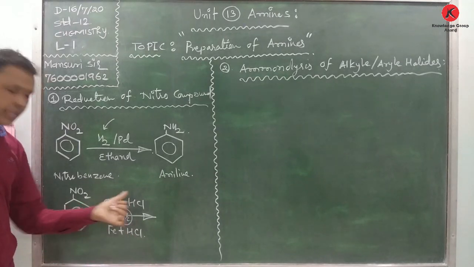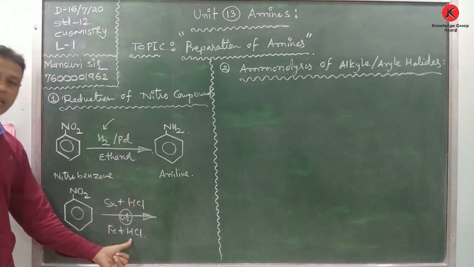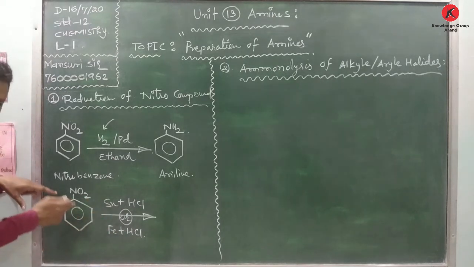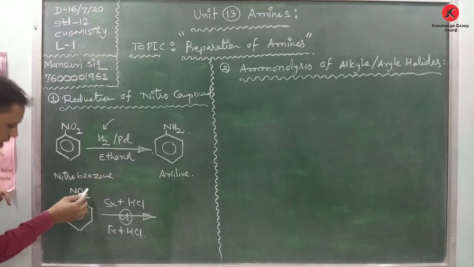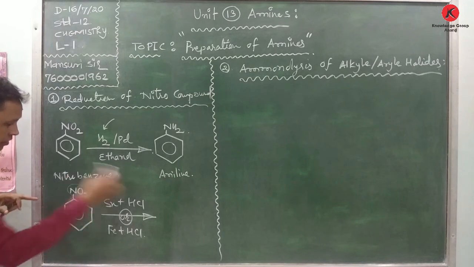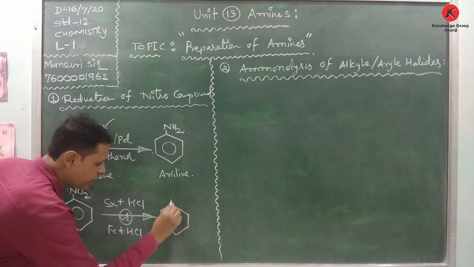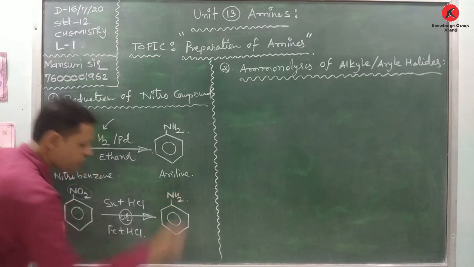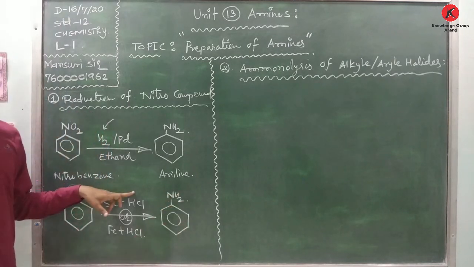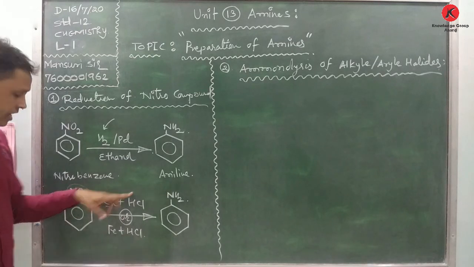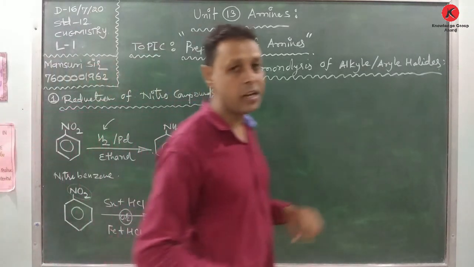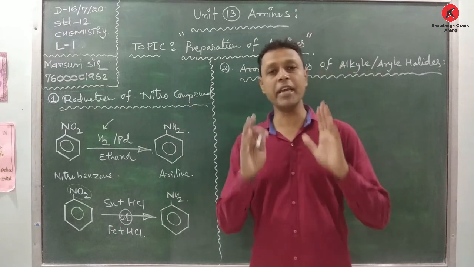The mixture of Sn/HCl or Fe/HCl is added to nitrobenzene. That means nitro compounds are converted to amino compounds. Why? Because the mixture of Sn plus HCl and the mixture of Fe plus HCl is a reducing agent.